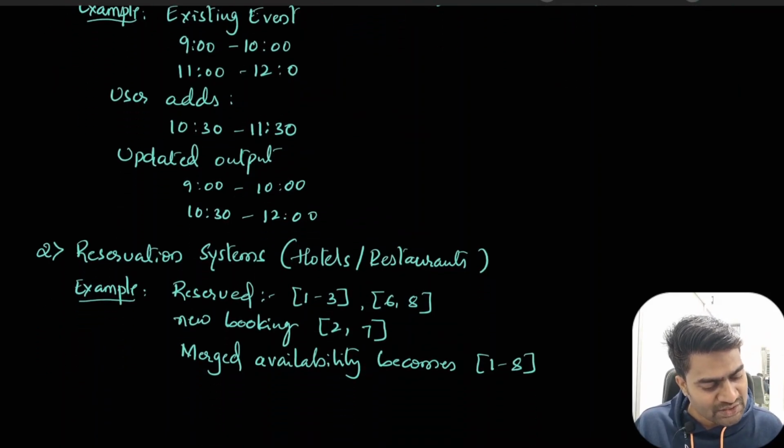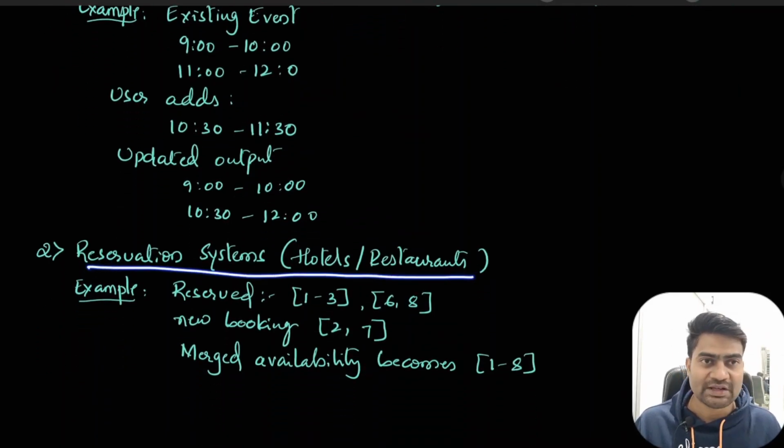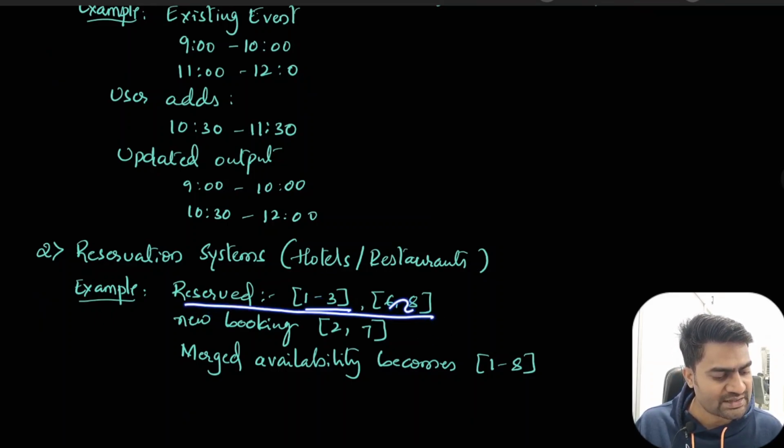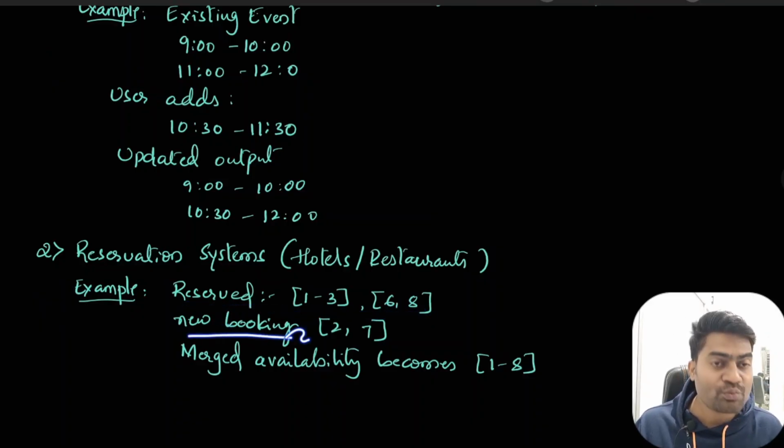We can also look into this particular application where we look into the reservation systems, basically hotel reservation or restaurant reservation. So assume something is reserved between 1 to 3 and 6 to 8. Okay, then a new booking happens between 2 to 7.